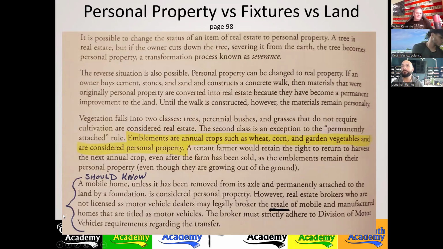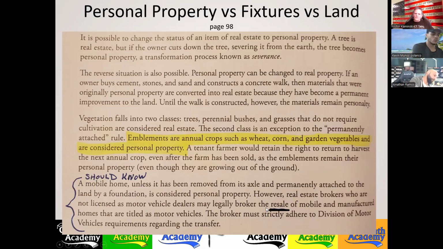All right, now here I have this with a bracket around it. I just said you should know it, but it's not necessarily something you need to study. We are allowed to sell mobile homes. We're allowed to broker the resale of mobile homes, not new mobile homes, because we're not licensed motor vehicle dealers.